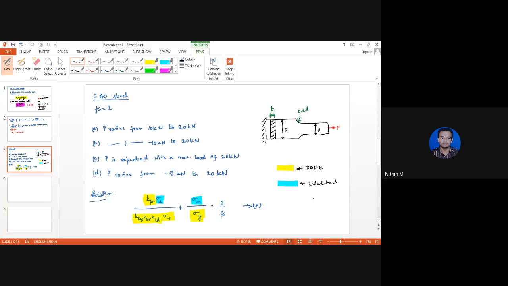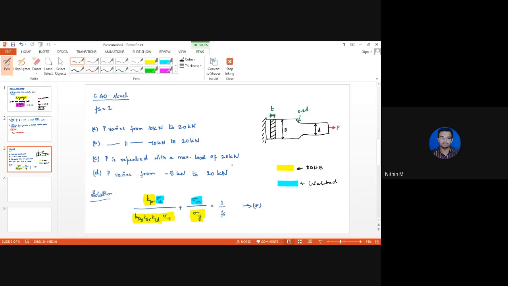Since the component has a constant cross sectional area, the problem has given 4 cases, and in all 4 cases the component dimensions are the same. Since the dimensions of the component are constant, they are not varying with respect to different cases.